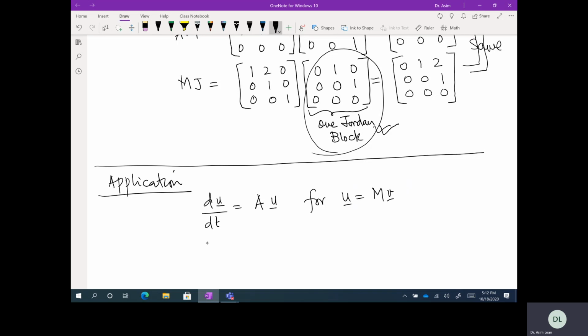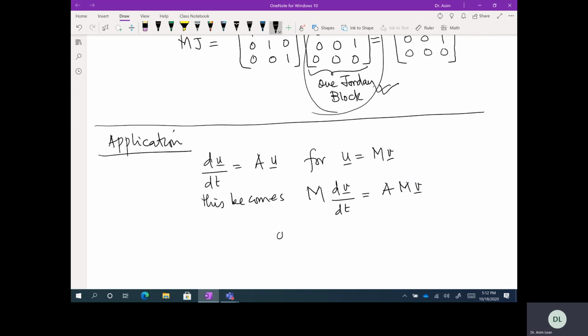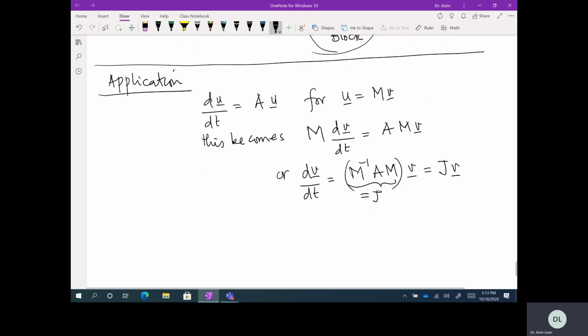This becomes M times dv/dt equals A times M times v, or dv/dt equals M inverse AM times v, and this is, by the way, the Jordan form. So this is equal to Jv. Similarly, we can show it for the difference equation.